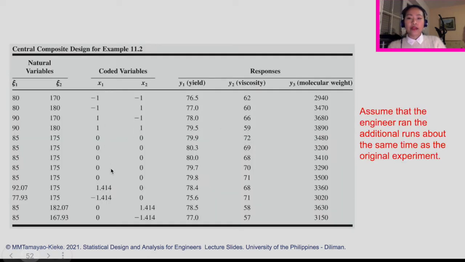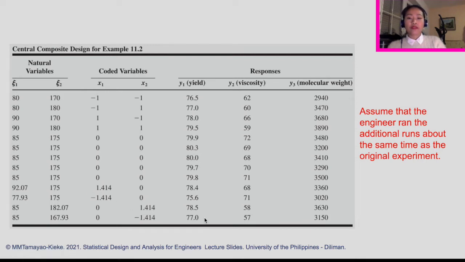Basically, we augmented the original experiment with 4 additional runs, where our coded variables would have the values x1 is equal to 1.414, x2 is equal to 0, and then x1 is negative 1.414, x2 is equal to 0, and then x1 is 0, x2 is 1.414, and x1 is 0 and x2 is negative 1.414. Now, these are translated to the natural variables, which are these values.